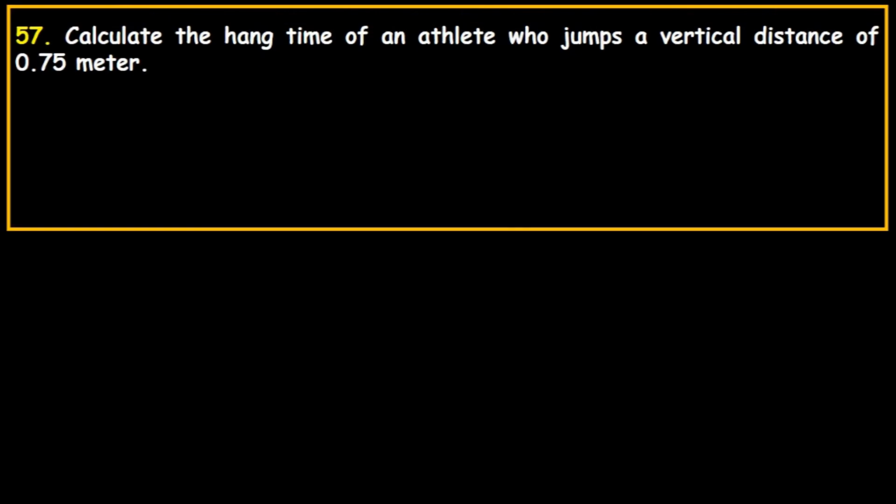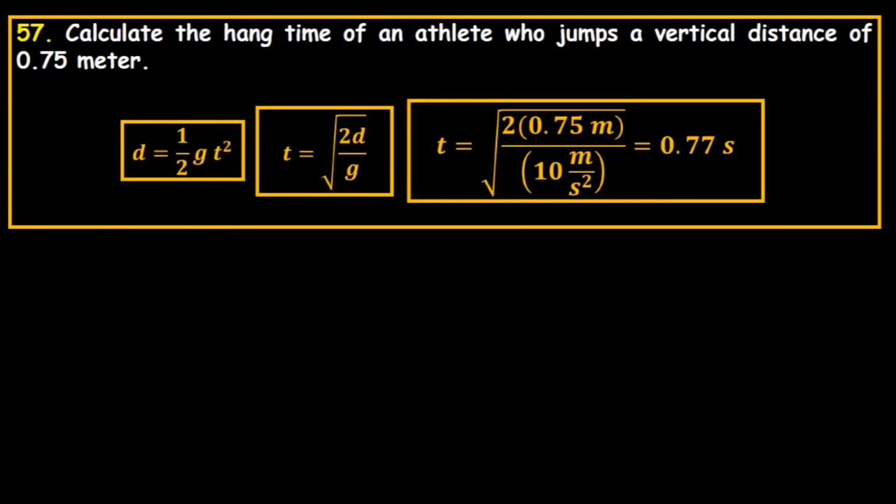Calculate the hang time of an athlete who jumps a vertical distance of 0.7 meters. Now this is a little confusing because you're using d equals 1/2 gt squared and you're solving essentially for t. And that is going to be, t equals the square root of 2d over g, and then that's going to equal 0.77 is going to be t.